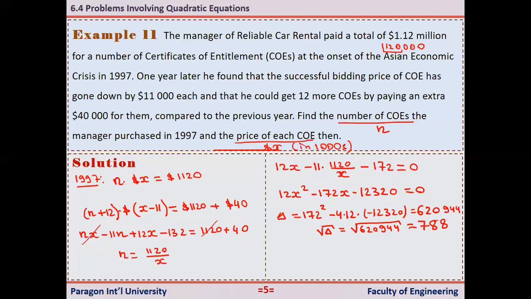Okay. So now let's write our first answer. Then x1 will be minus b, that is 172, plus the square root of delta, which is 788, over 2 times a, that is 24. That is equal to 172 plus 788 divided by 24, which is equal to 40.